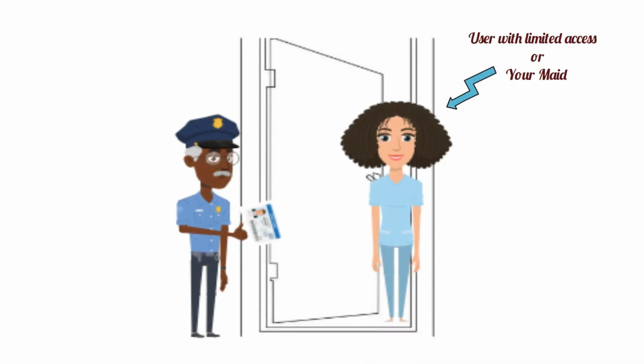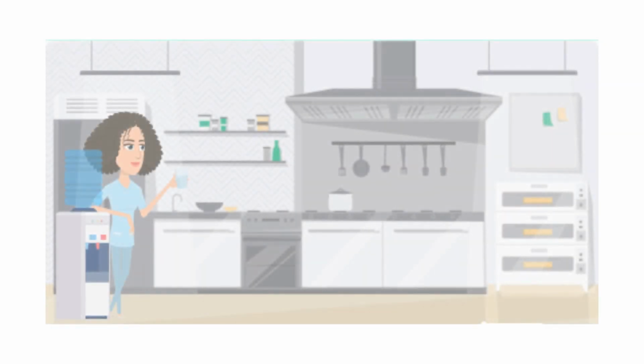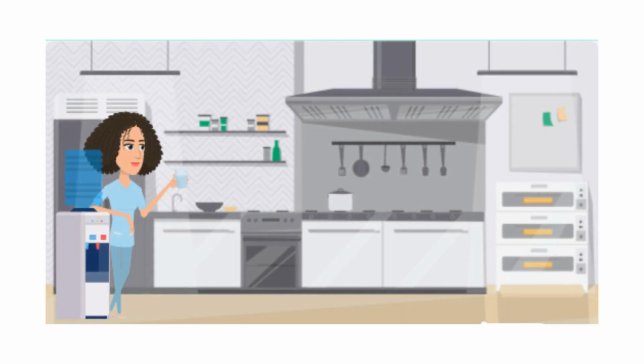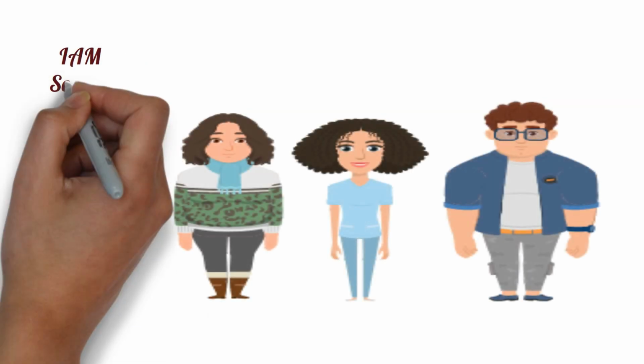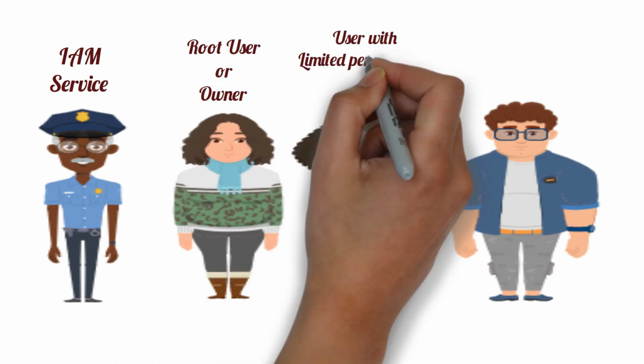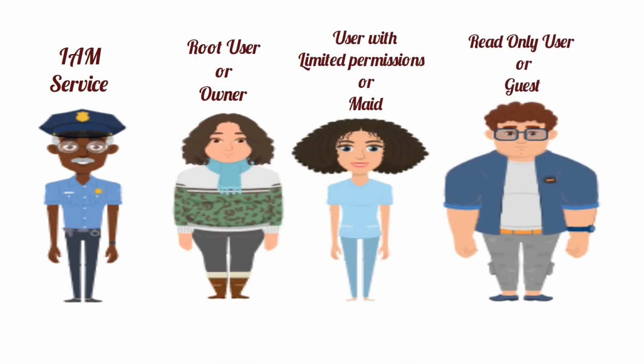Or in another case, if the user has access to only the kitchen, like your maid, then that user is only given access to the kitchen by the IAM service, and access to the rest of the rooms or gadgets is not granted to your maid. Now I hope you have got a bit more clarity about the IAM service.